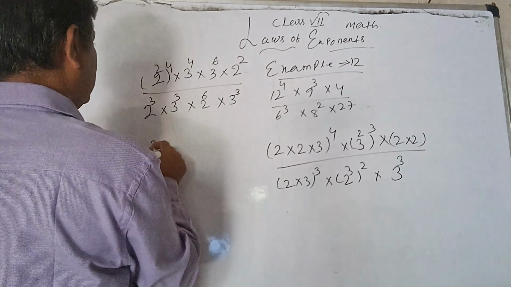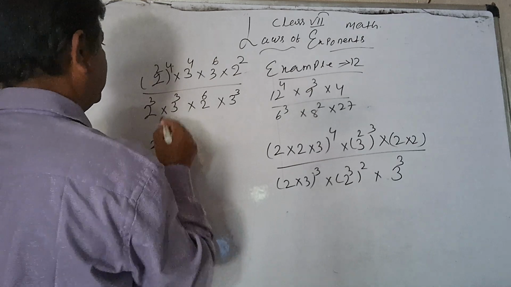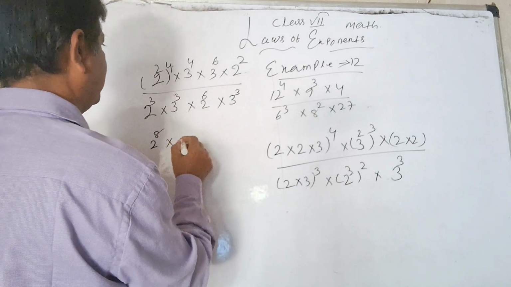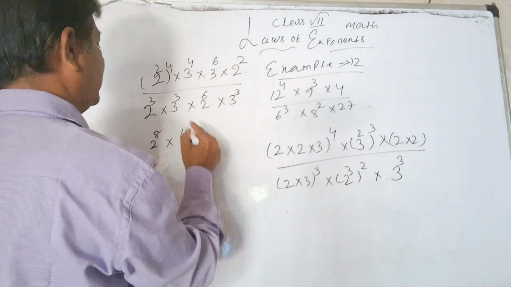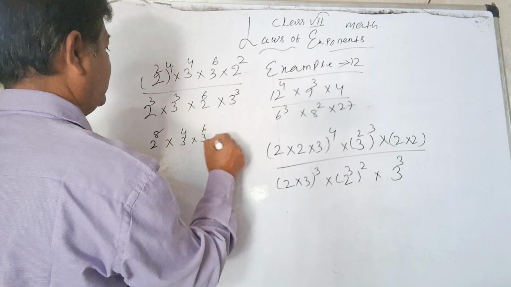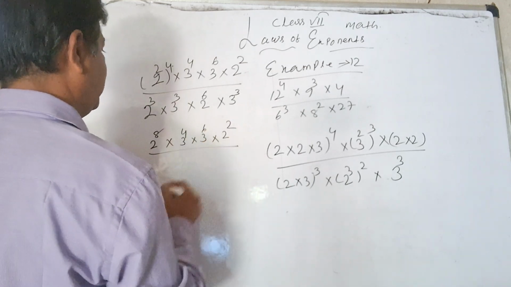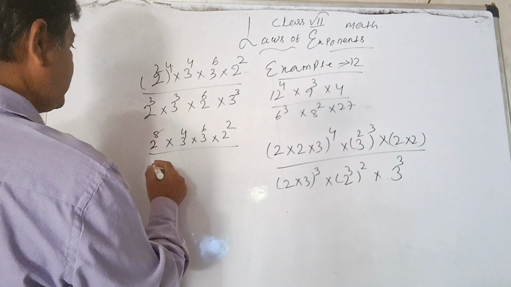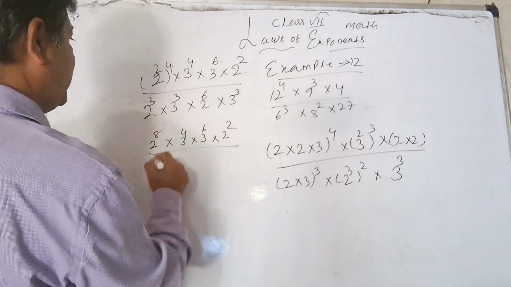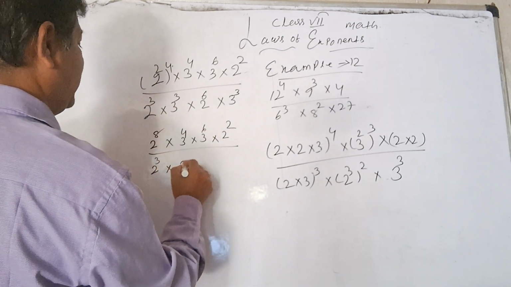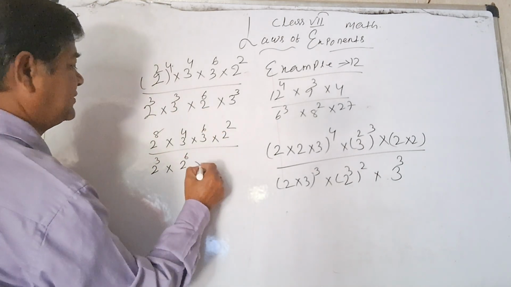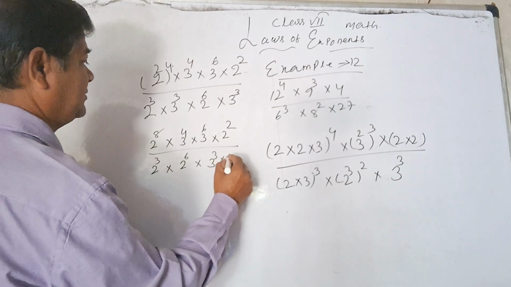Here 2 to the power 2 to the 4 is 8, into 3 to the power 4, 3 to the power 6, into 2 to the power 2, divided by 2 to the power 3. Same base, we will take the powers, 2 to the power 6 into 3 to the power 3 into 3 to the power 3.